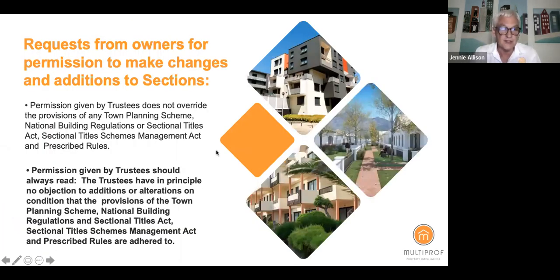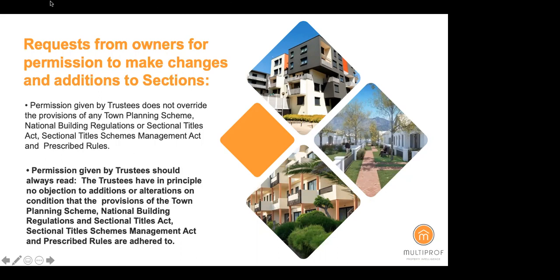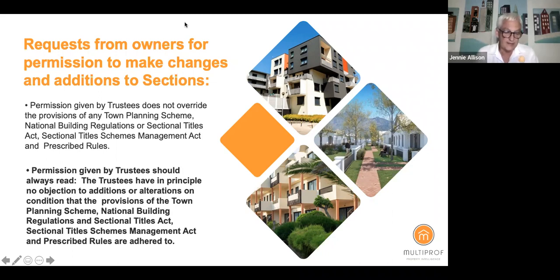Now, the permission to make additions and alterations, typically owners would think that this lies with the body corporate. Because of that, often an owner will write to the trustees and say, I want to enclose my balcony or my patio. And the trustees will say, okay, hereby we give you permission to enclose your patio.